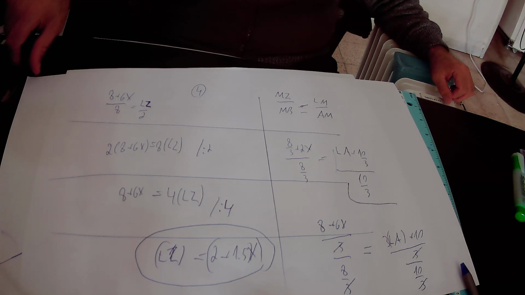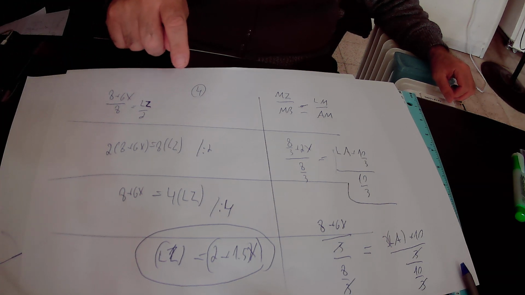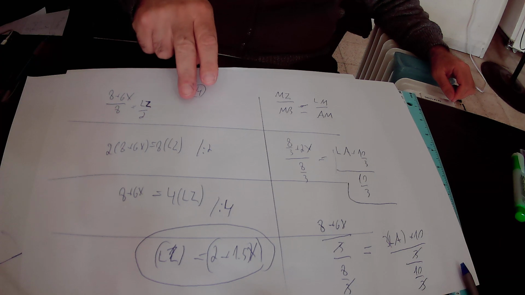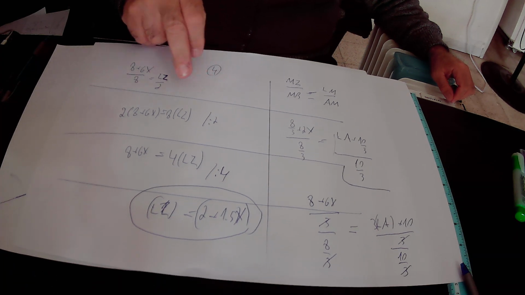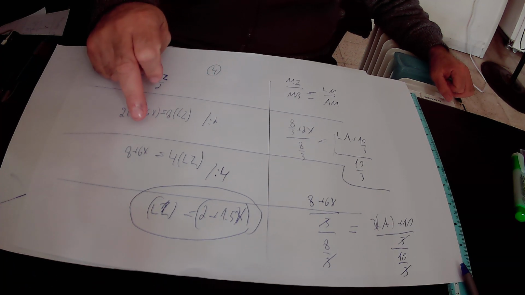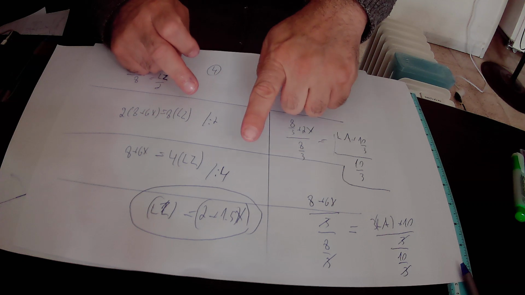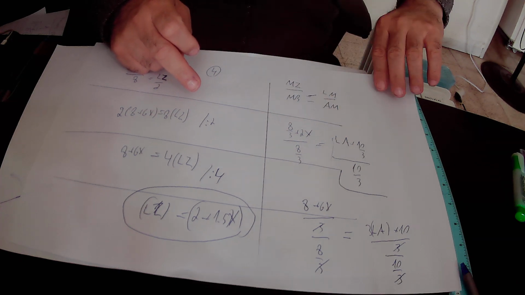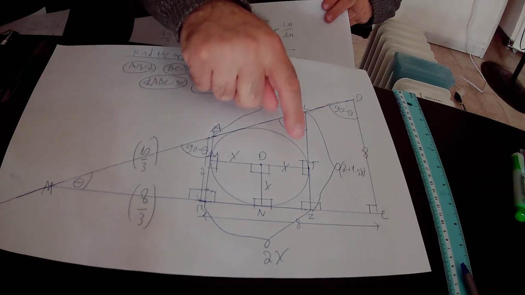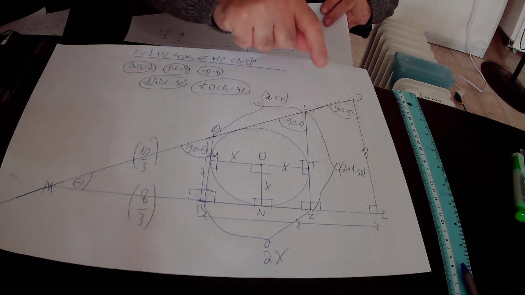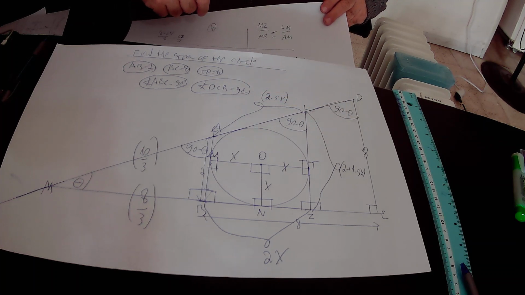We divided this equation by 4 and finally found out that the length of line segment LZ is equal to 8 over 4 is 2, plus 6x over 4 is 1.5x. So in total, LZ equals 2 plus 1.5x.